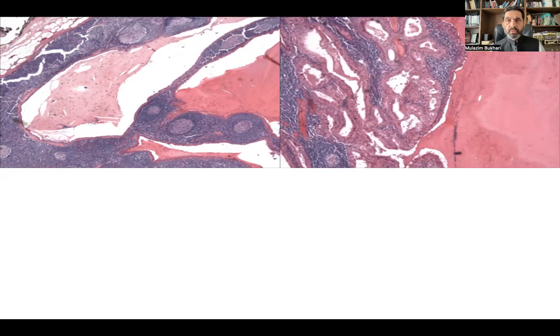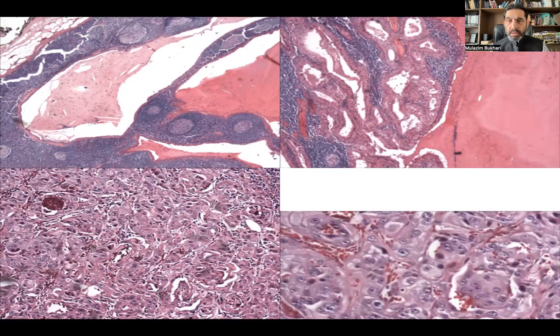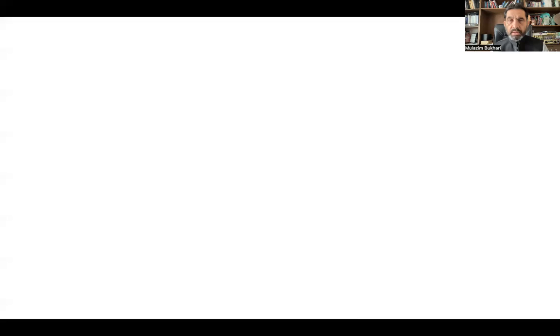Here we see 2 types of cells, but on high power view there are islands of cells with atypical morphology, mitosis, and prominent nucleoli.